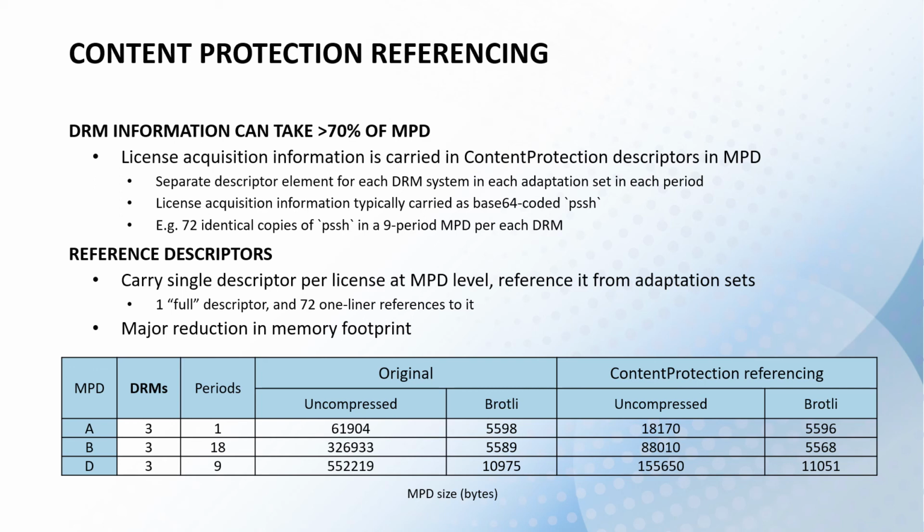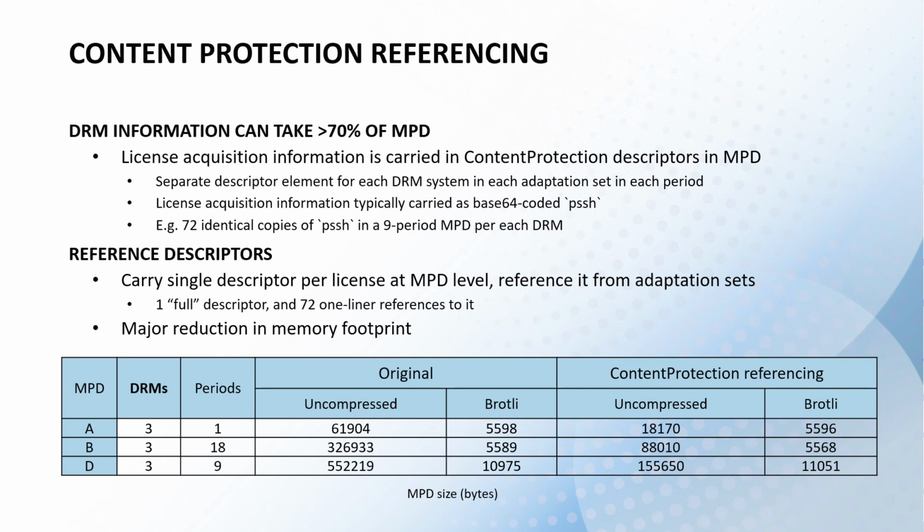Now, as an optimization that is very, very common and is also recommended by the DASH-IF, you include your license acquisition information, typically the content of your PSSH box, in this element. Typically, again, it's exactly the same for the same period, and it's exactly the same for all periods in many linear cases. However, you need to put it into each adaptation set at each period. So we ended up, for instance, with 72 identical copies of a PSSH in a 9-period MPD. So this is where the 70% comes from.